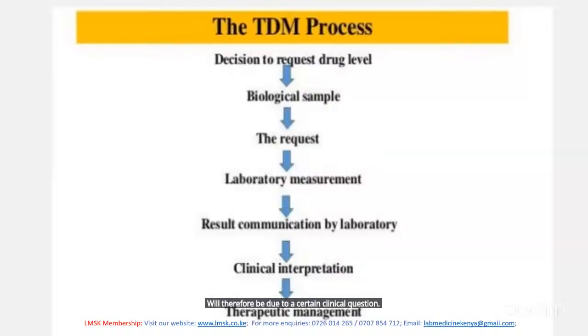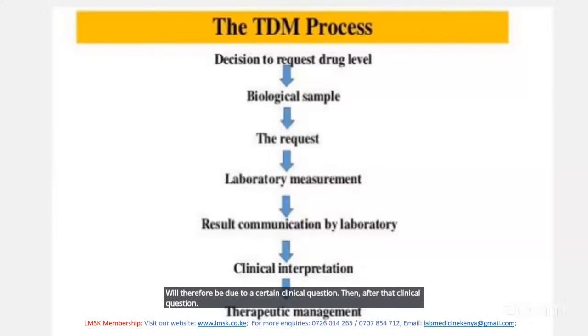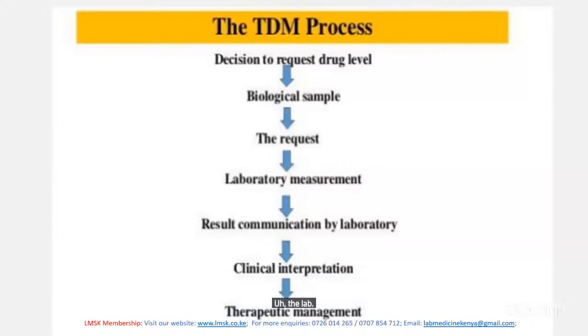Then after that clinical question, the lab will be required to take a sample. The sample, as I will enumerate, will involve mostly plasma, blood, and can involve saliva or urine.